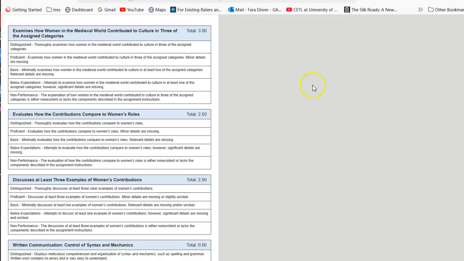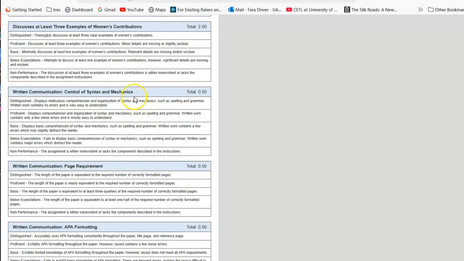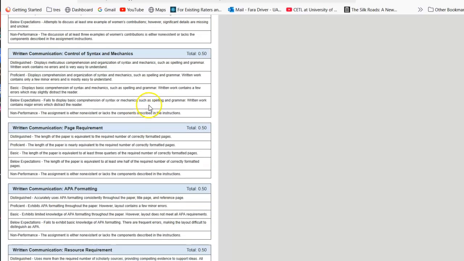It's going to show you a rubric very similar to the one we just had: examines how women in the medieval world contribute to culture in 3 of the assigned categories, evaluates how these contributions compare to women's roles, discusses at least 3 examples of women's contributions. And then the written communication for these is a little bit more extensive: syntax and mechanics, page requirement.